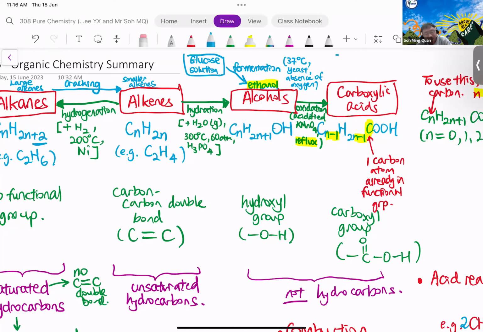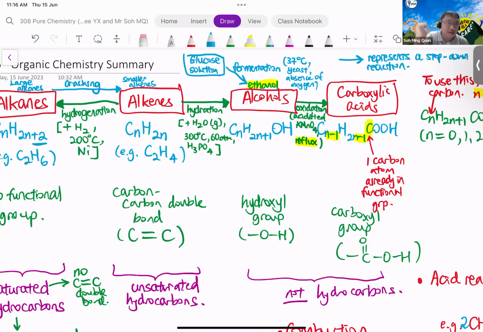So we say that the blue color represents step-down reactions. A step-down reaction is where the number of carbon atoms per organic molecule decreases.